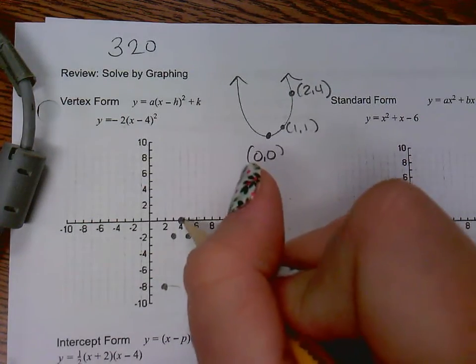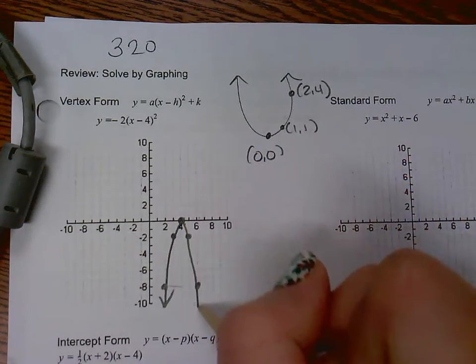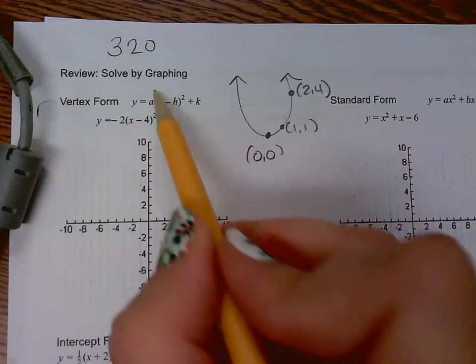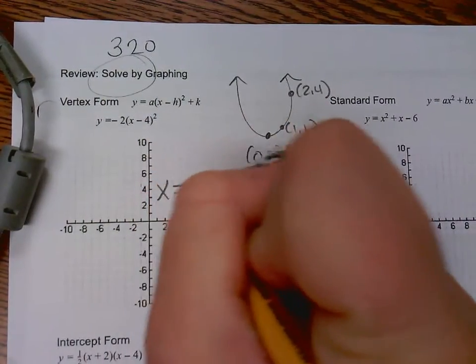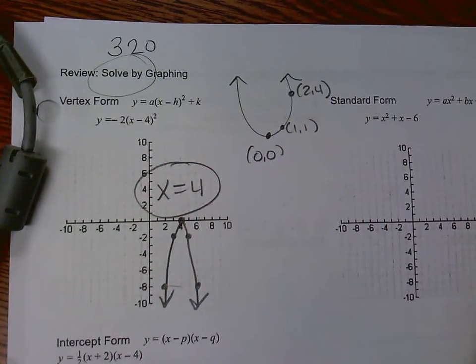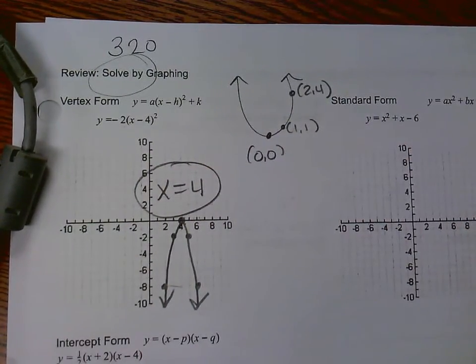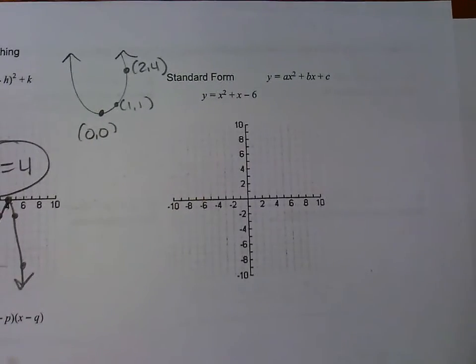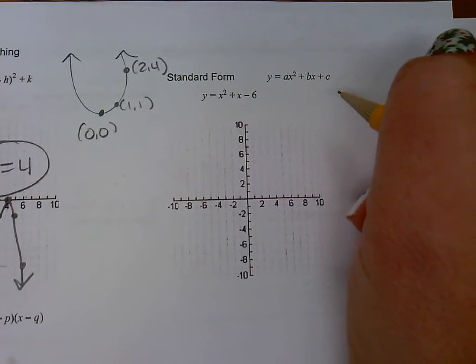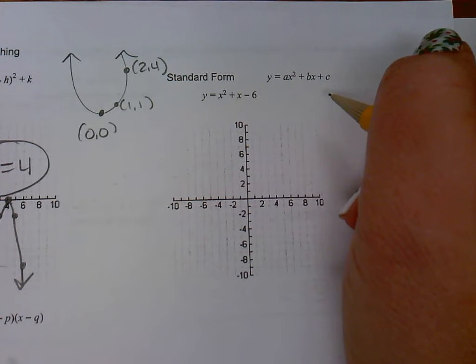So I have stretched my quadratic upside down. Really, they wanted me to solve by graphing. What is the x-intercept? The x-intercept actually was at 4. It had one solution. It was at 4. All right, standard form. Remember, we have to do -b over 2a. I gave you a problem that was not very nice.